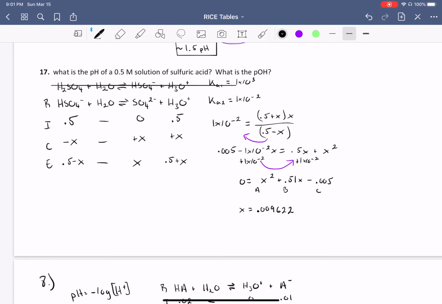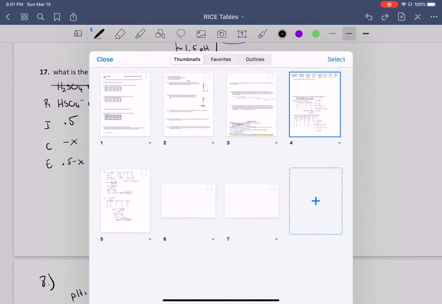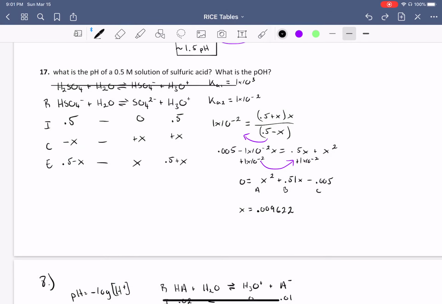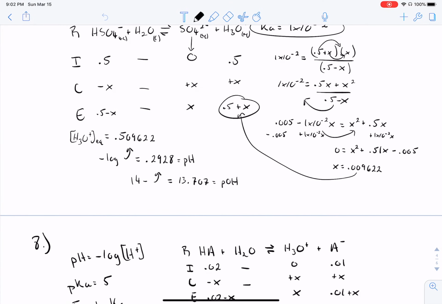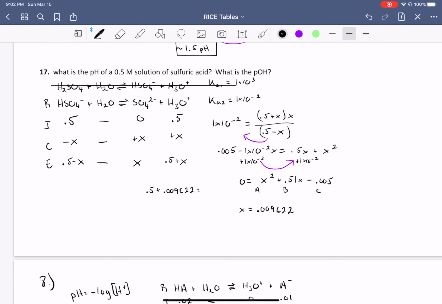And because the question asks us to find the pH, we know that we're going to take the negative log of whatever the equilibrium value of H3O plus is, or the hydronium ion concentration. So we do 0.5 plus 0.009622 equals 0.509622. Yeah, sorry, that should have been easier than I thought.